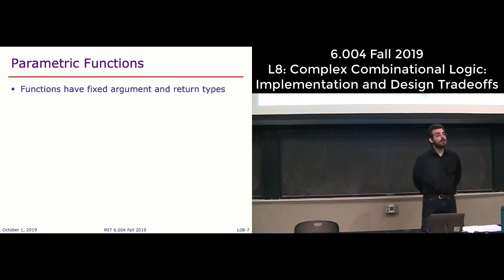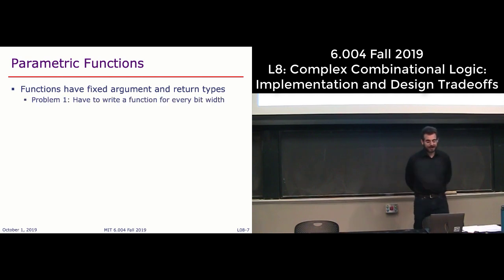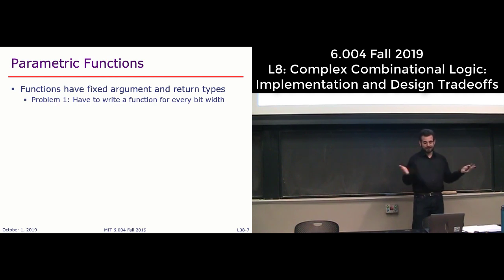Okay, so going back to functions. We've talked about parametric types. What about functions? Ultimately, as I said before, we have to have fixed arguments and types, and this creates two problems. The first problem is that if I want to do some family of adders, I need to write a function for every bit width.